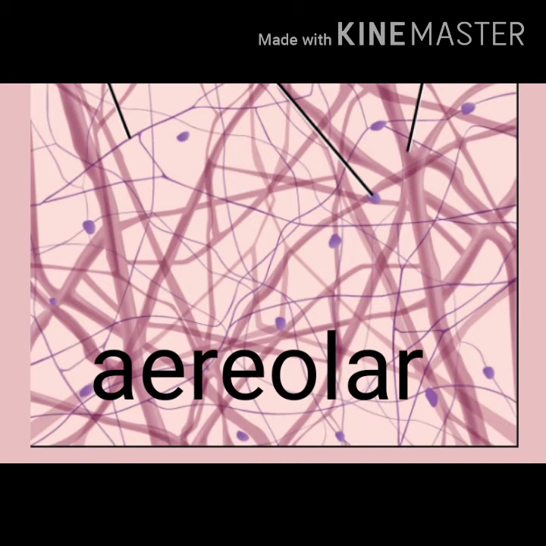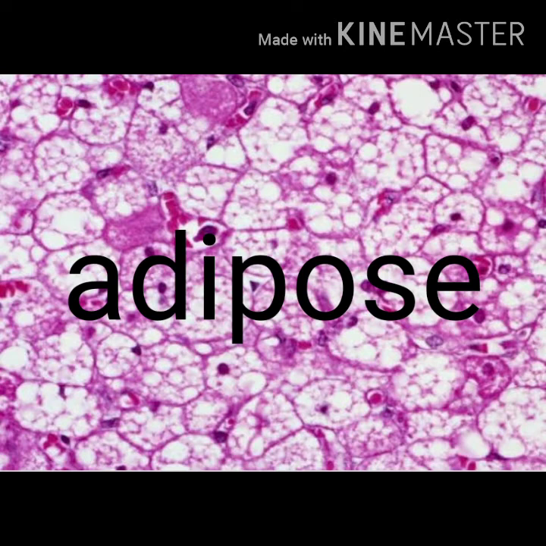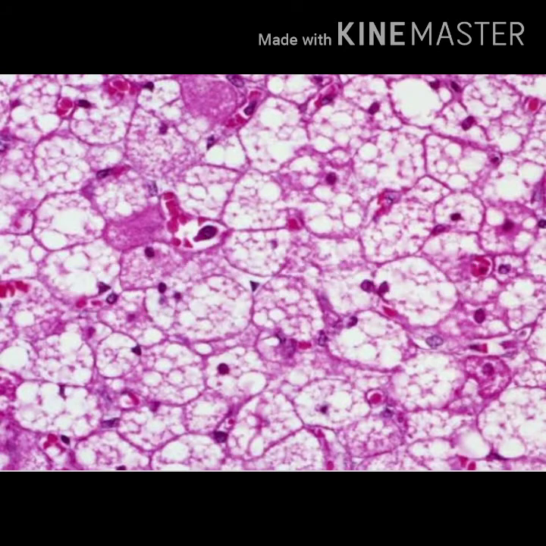In our human body, we can see two connective tissues with the loose matrix. They are the areolar connective tissue and adipose connective tissue. The other two, with the dense matrix, are the tendons and ligaments.